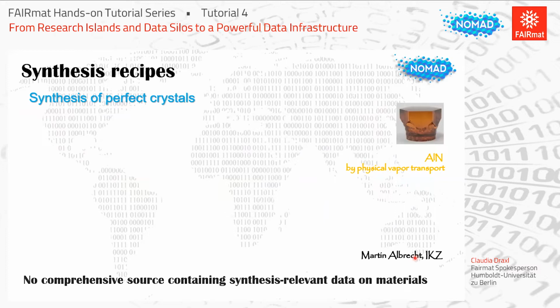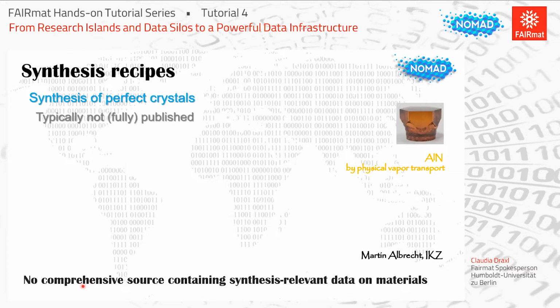But what I would emphasize here is, even if this is a perfect crystal, typically the recipe behind the crystal growth is not published. And this is basically one of the major issues, that there is no comprehensive source of synthesis relevant data on materials.